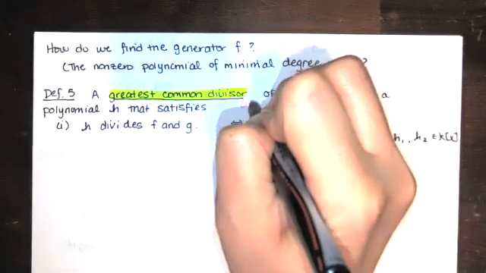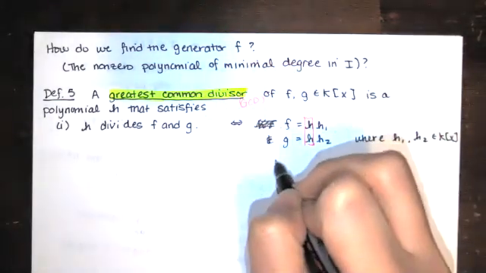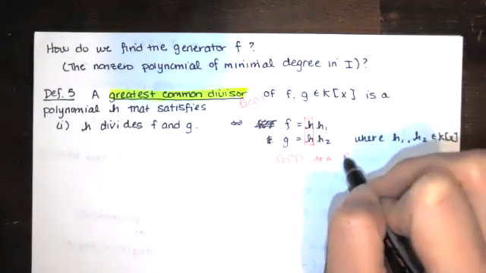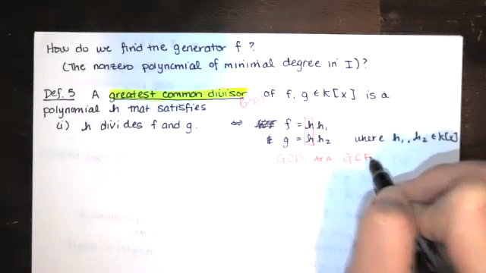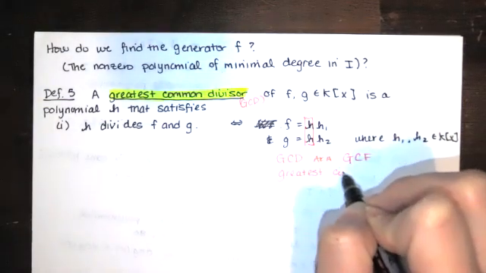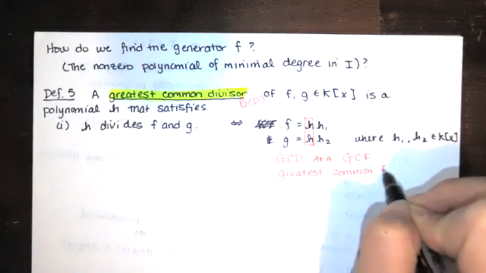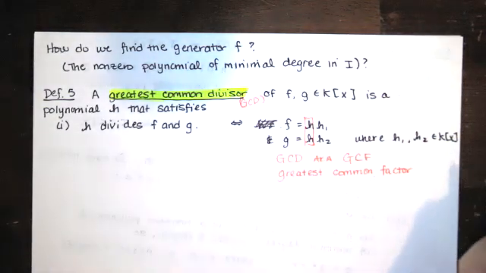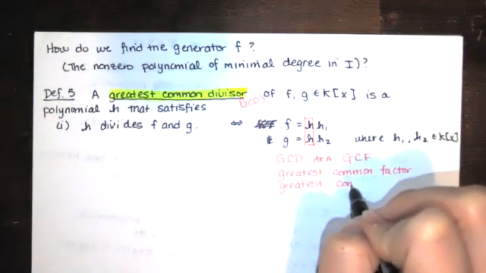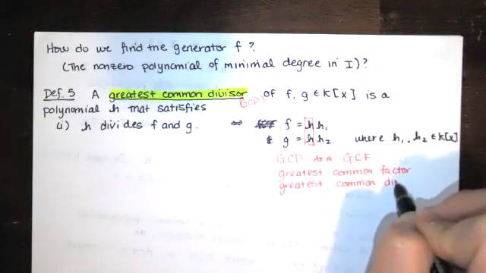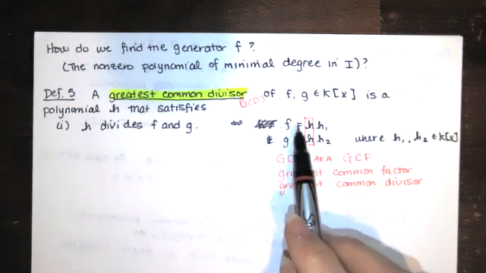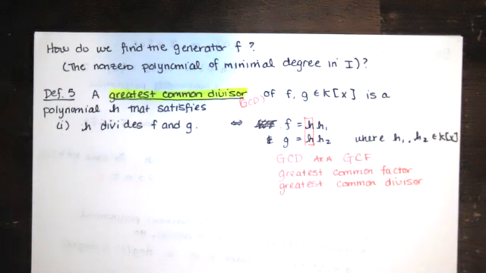So we say GCD. So h is the largest factor that f and g have in common.